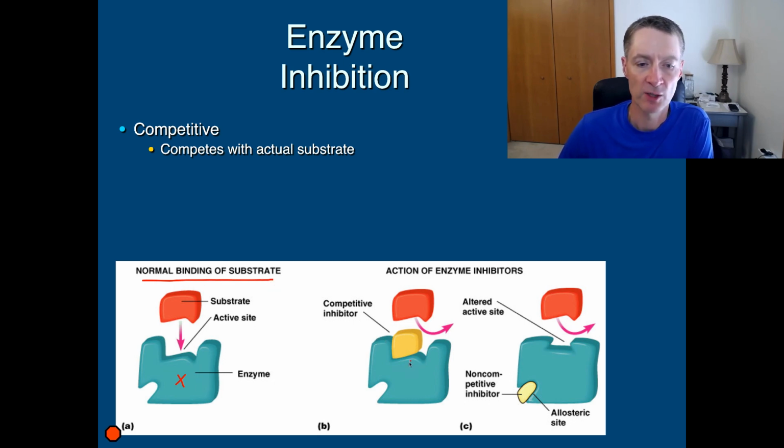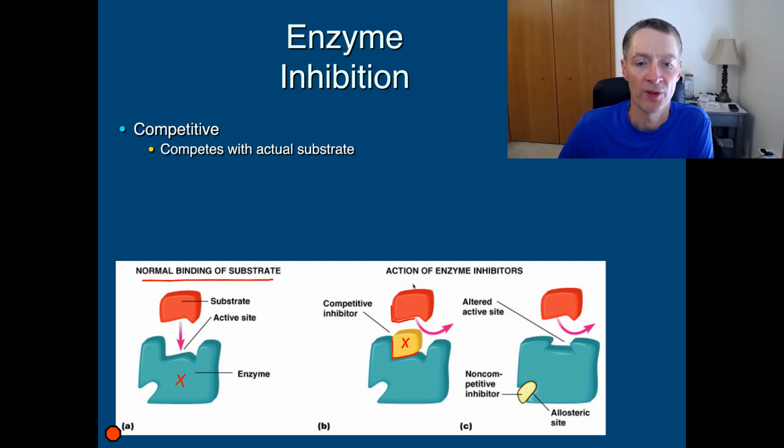All right, so now let's move over to part B here, okay? Here we have a situation where this yellow molecule has some shape similarity to the natural substrate. And it has found its way into the active site to bind there.